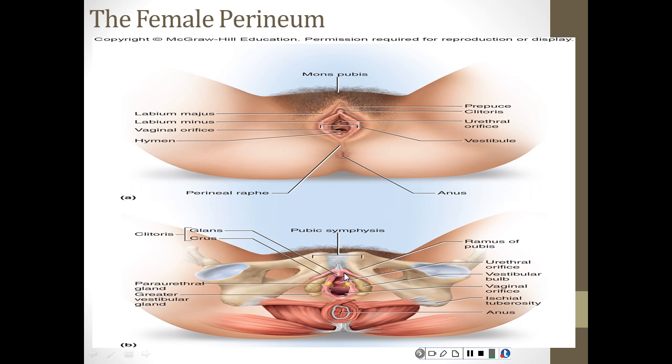At the internal end, the corpora cavernosa diverge like a Y as a pair of crura, like those of the penis. Basically, it's going to split into a Y here. So that's why you have it on either side. So of the clitoris, you have the glans, and then you have the crus.